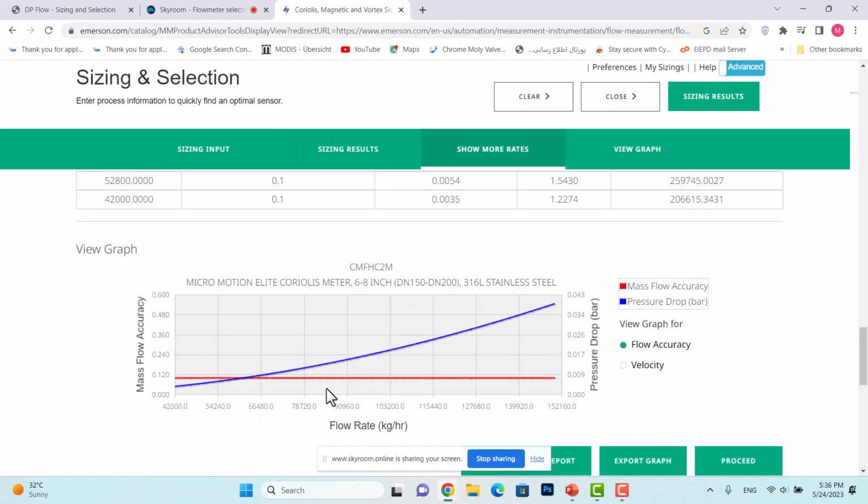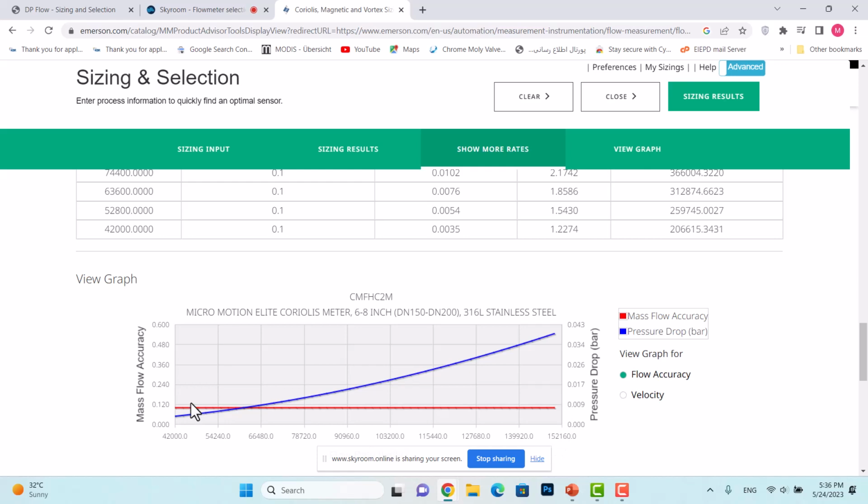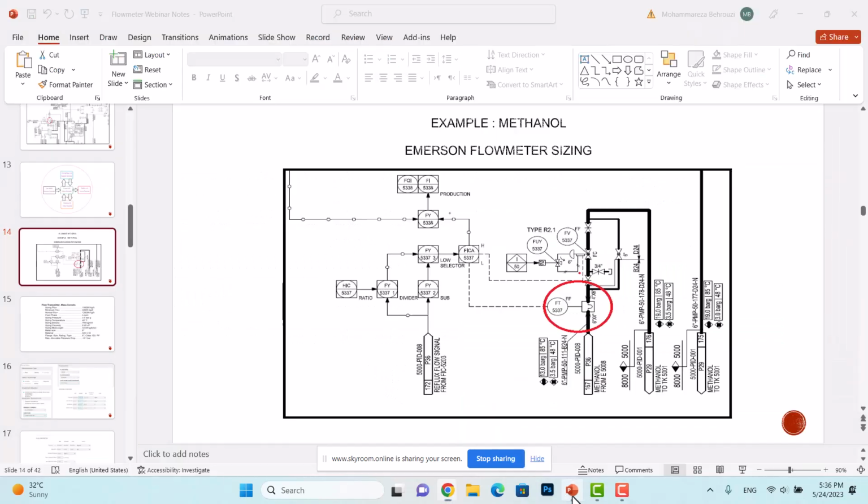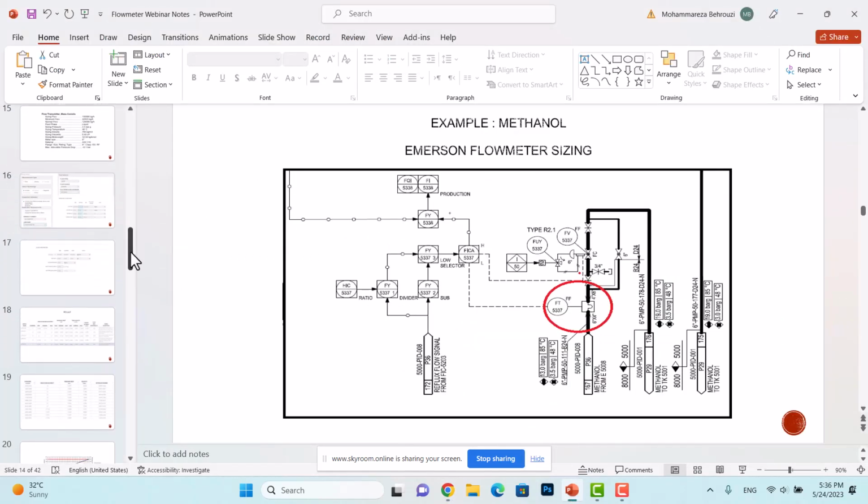Now, of course, here you can see some diagrams, mass flow accuracy versus the flow rate. Now, I just wanted to take an example to familiarize you with the environment of this application.